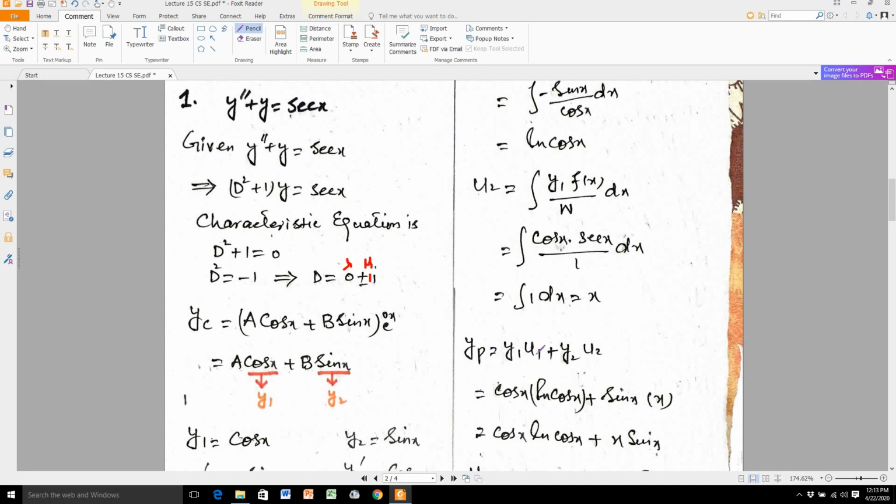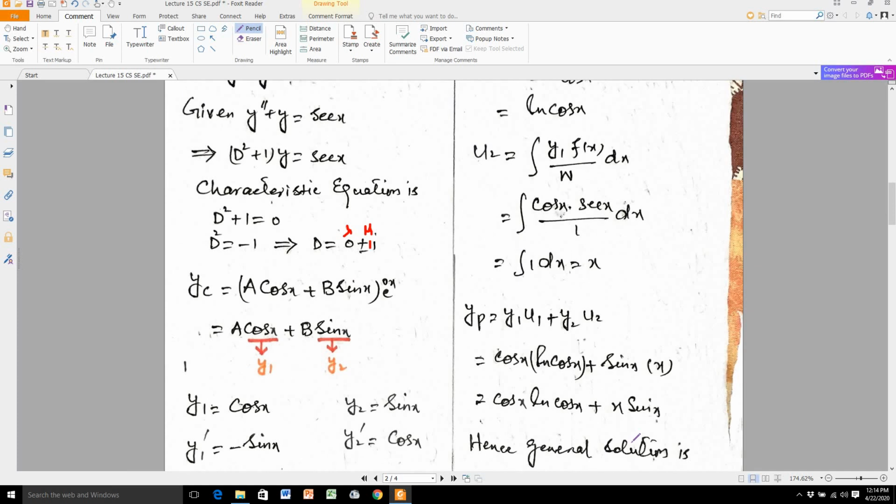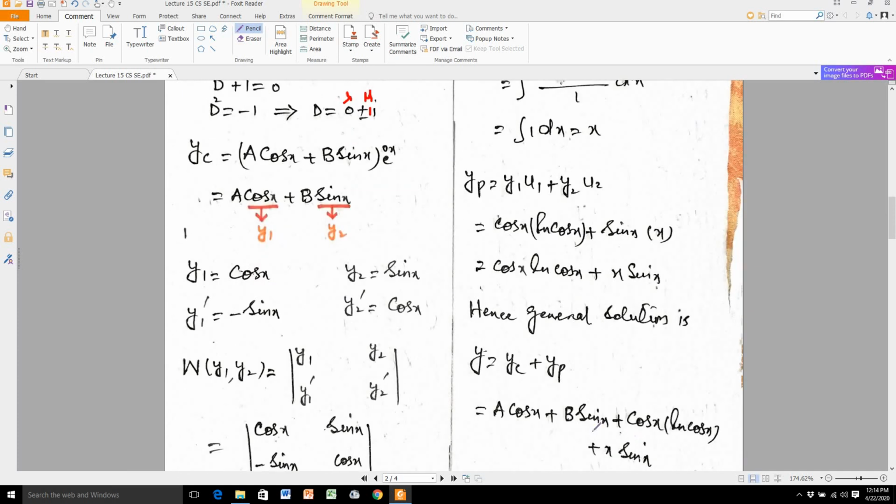Yp is equal to y1 u1 plus y2 u2. Here you write the value of y1, that is cos of x, and then you write the value of u1, that is log natural cos of x, plus write here the value of y2, that is sin of x, and u2 is equal to x. So in this way you get your particular solution, that is cos of x log natural cos of x plus x sin x, and hence general solution is y is equal to yc plus yp.